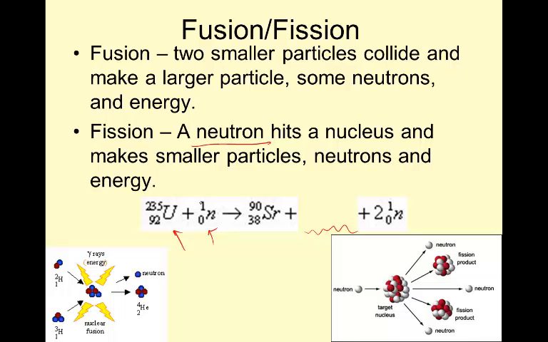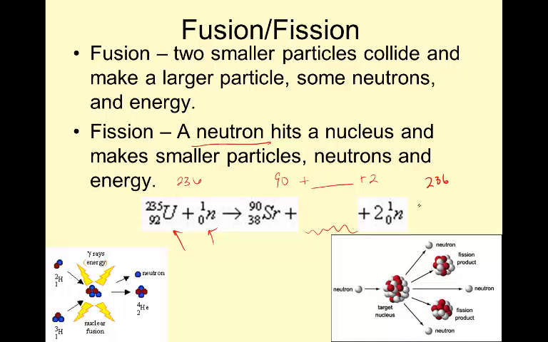Our top number is 235 plus 1 is 236. So our top number over here needs to be 236. Now there's 2 neutrons. So there's 2 of these and a mass of 1 each. So there's 2. So 90 plus 2 is 92. So whatever's missing has to be the difference between 92 and 236.